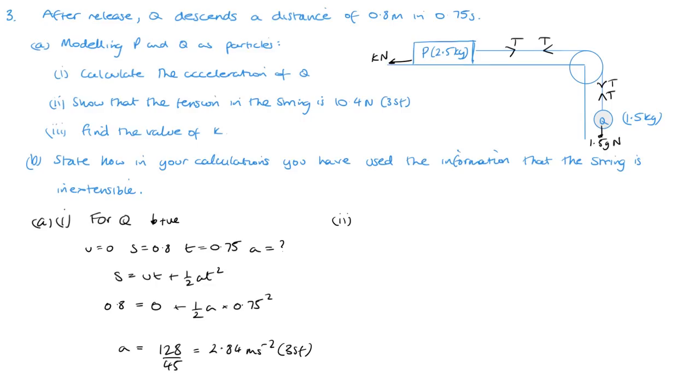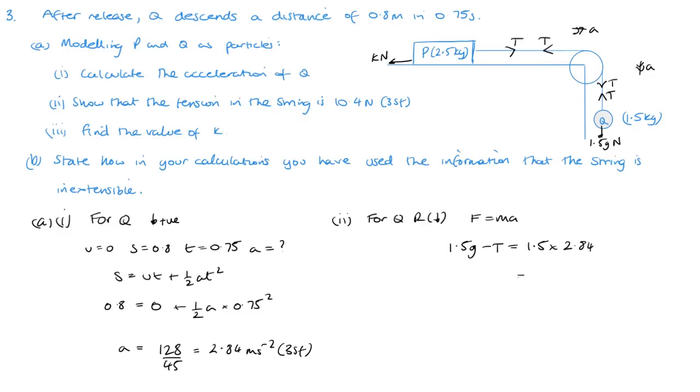So next we need to find the value of K. No, sorry, before the value of K, show the tension in the rope is 10.4 newtons. So we'll stick with Q, and we're going to resolve downwards. So F equals ma, and I know the acceleration is going that way. So that's 1.5 G minus T equals 1.5 times that 2.84.